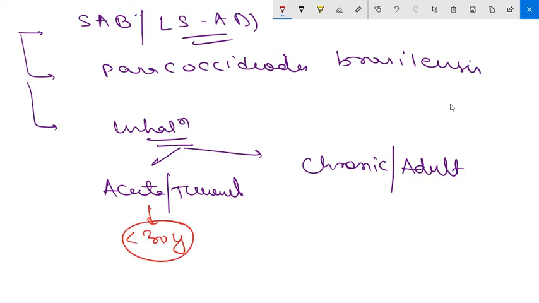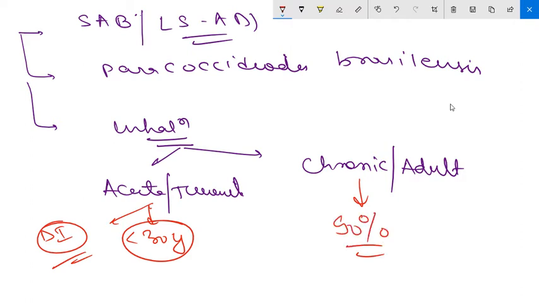It is a less common variety but a more severe form, and it is manifested as disseminated infection involving multiple viscera. Now the chronic form accounts for 90% of the cases, and it predominantly infects older men, and it results from reactivation of lung lesions. It is less severe. So these are the clinical features.